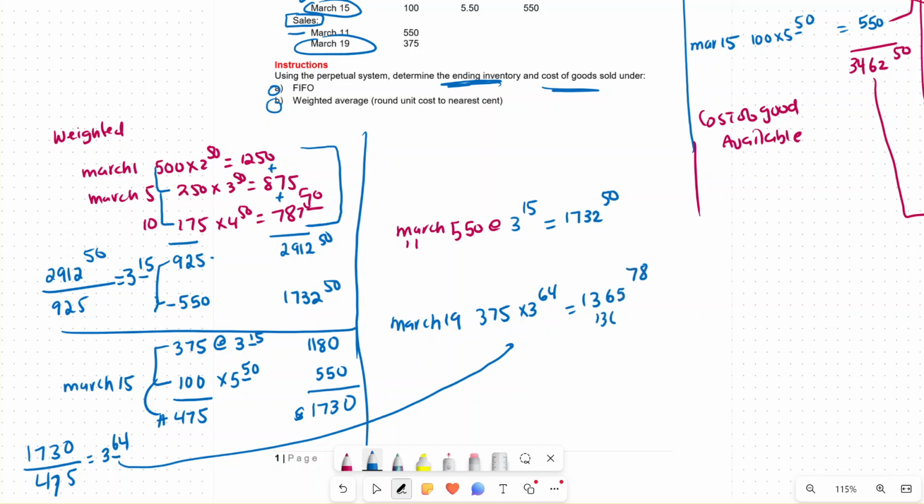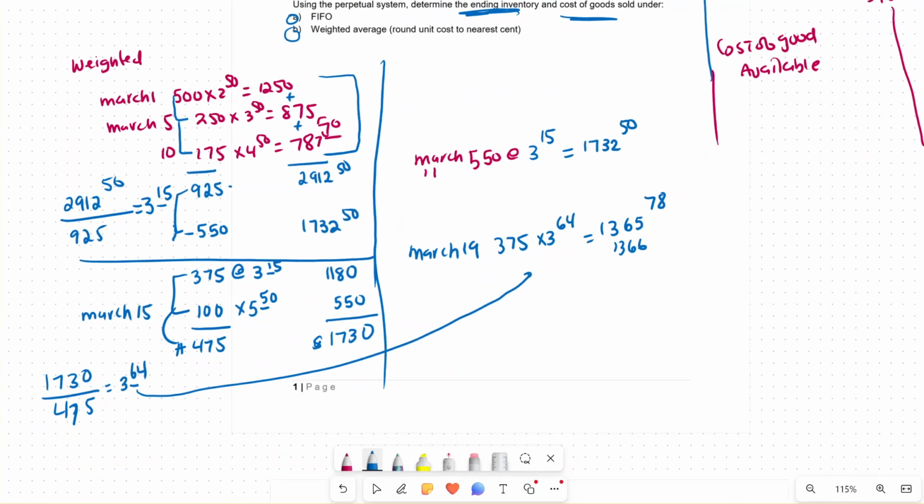You can round this to 366 if you wanted to. So now you're going to get the cost of goods sold. If I add up these two numbers, it will give me the cost of goods sold, and that is my 3098.